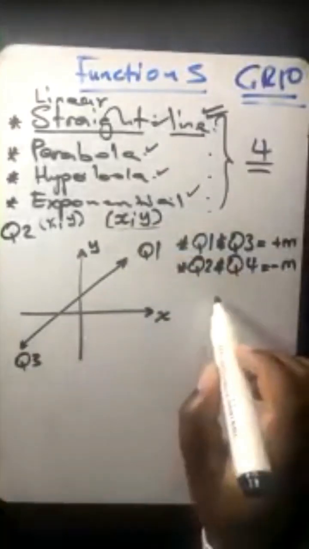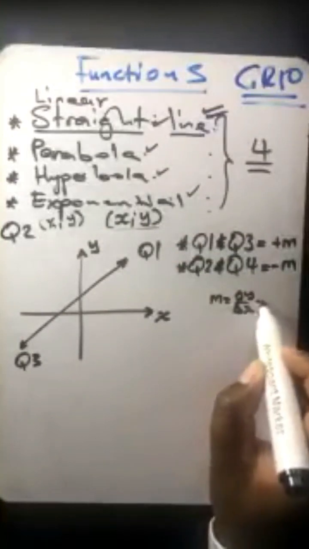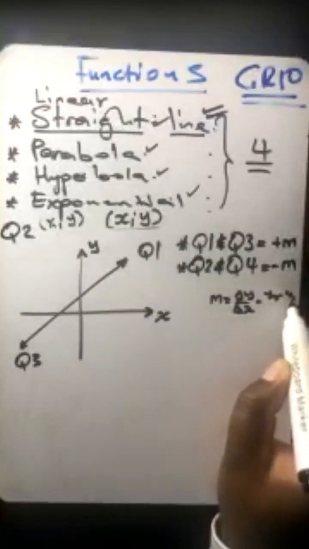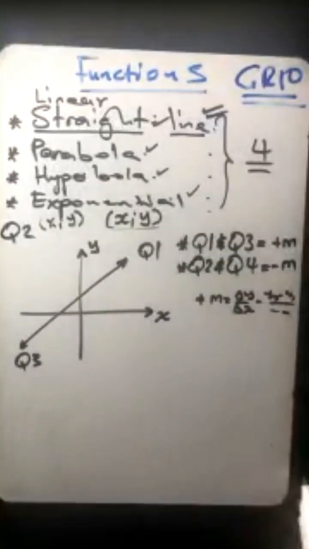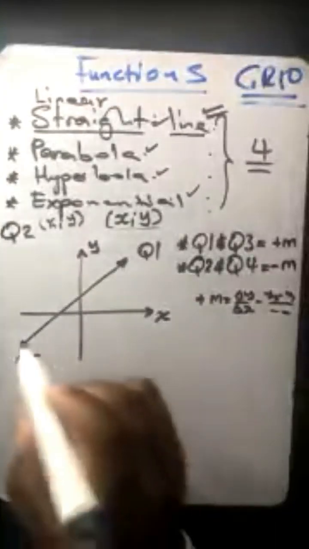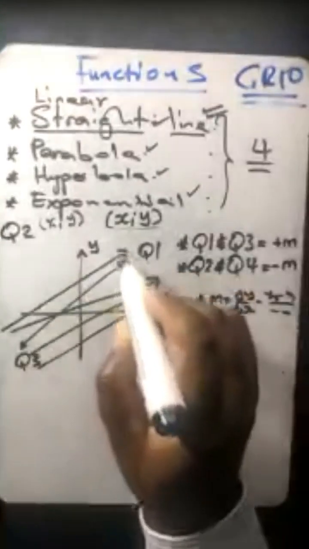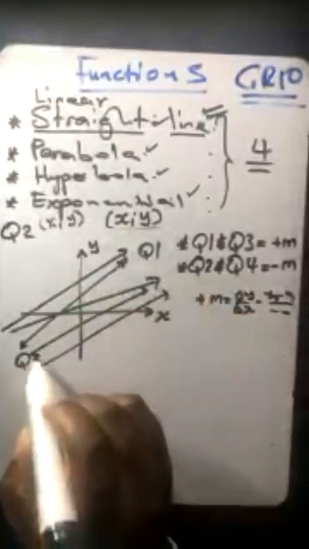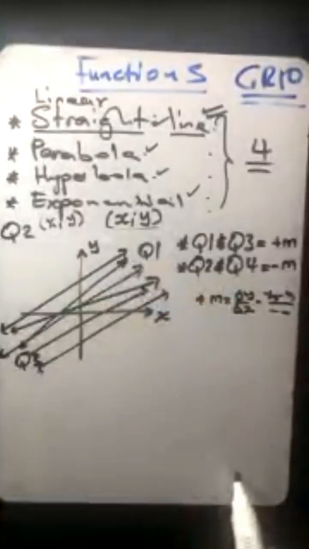So that means when you calculate your gradient, which is change in y over change in x, y2 minus y1 over that, you are going to have a positive gradient. If you find a negative gradient, just know you've made a mistake somewhere. So all the straight lines passing through there, that is why I'm saying they either end in that quadrant or start in that quadrant, will all have positive gradients.